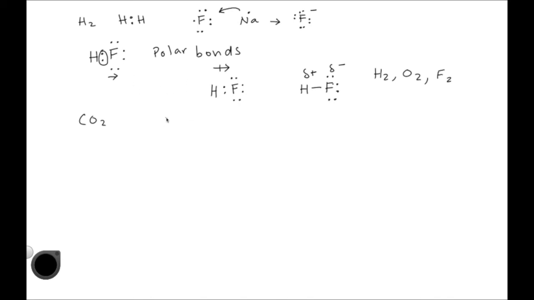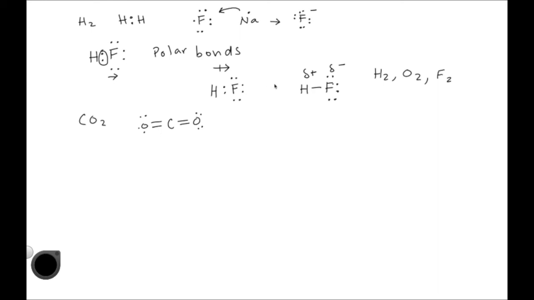So carbon is going to be in the center, and then the carbon is going to be double bonded to two oxygen atoms, one on each side, right? And then each oxygen is going to have two pairs of electrons, so two lone pairs. And so this is carbon dioxide.